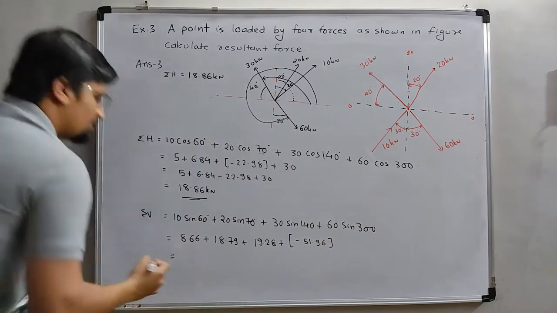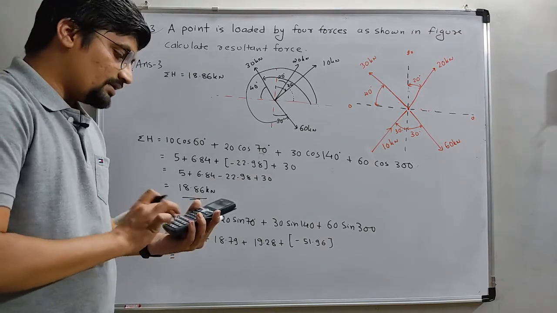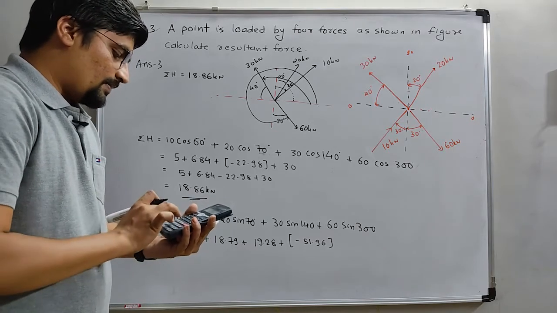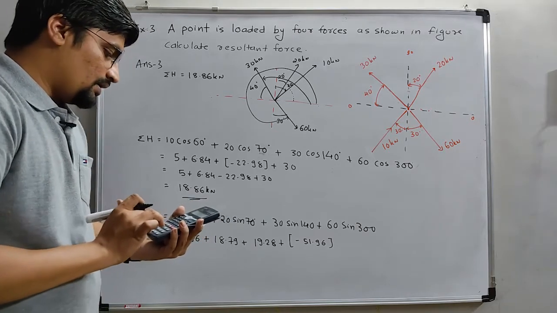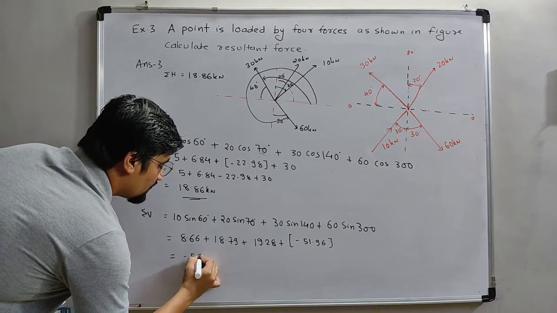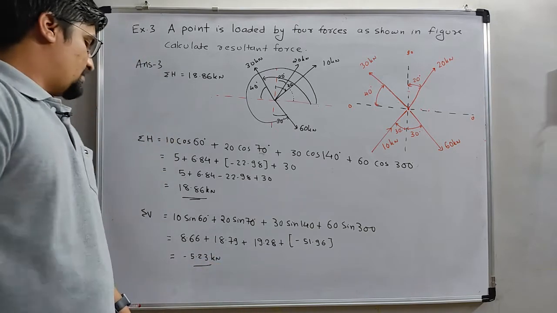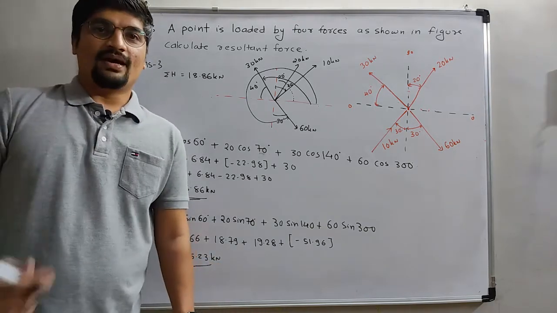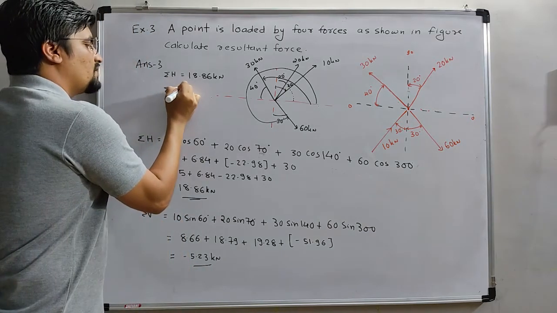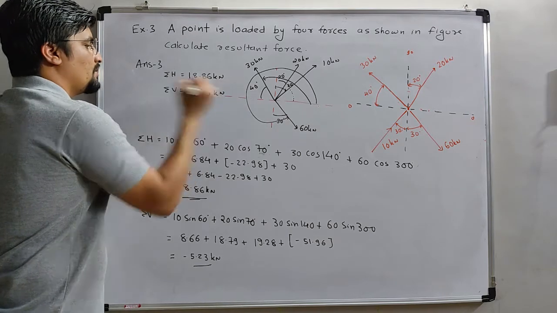So let's get the answer. 8.66 plus 18.79 plus 19.28 minus 51.96. So we will get the answer minus 5.23. So let's write summation of V is equal to minus 5.23 kilonewton.